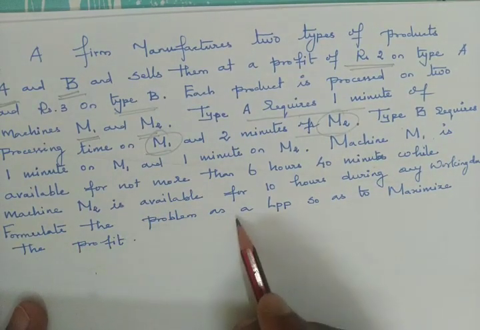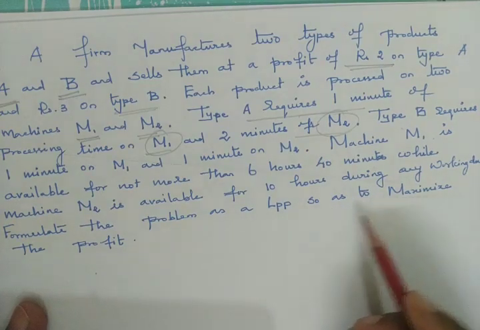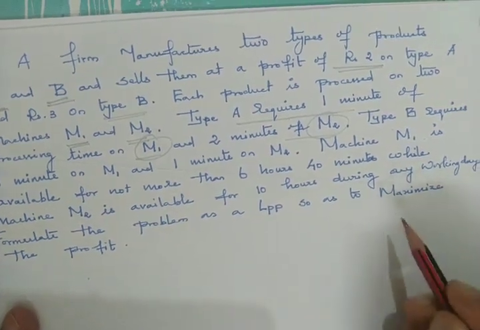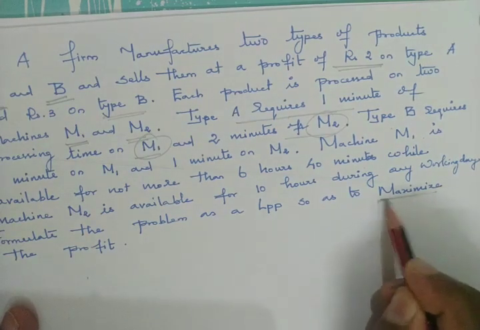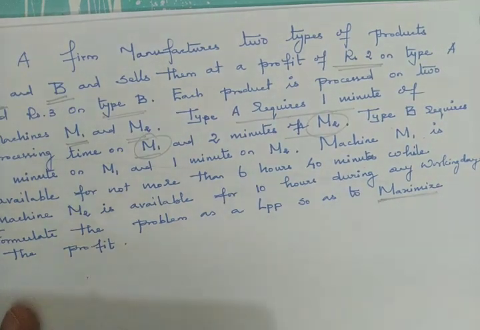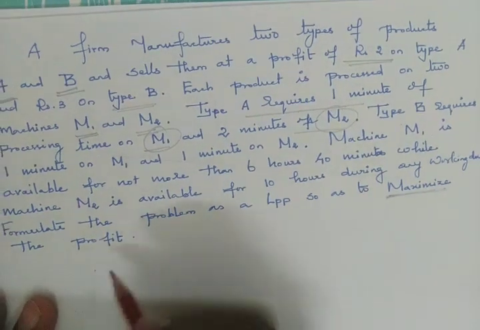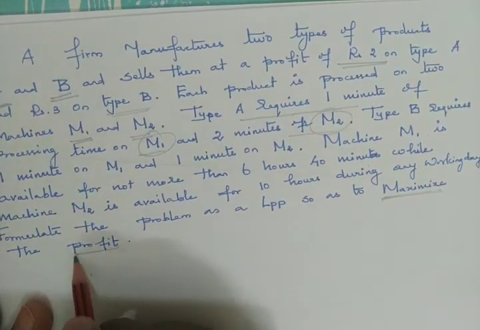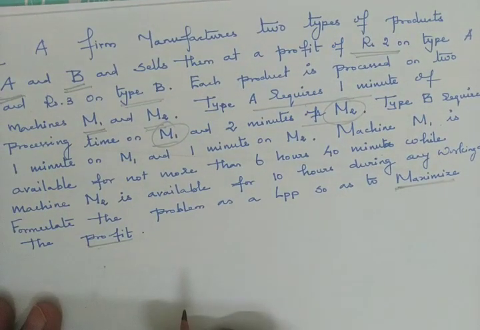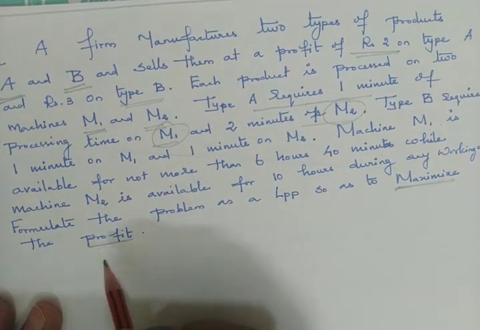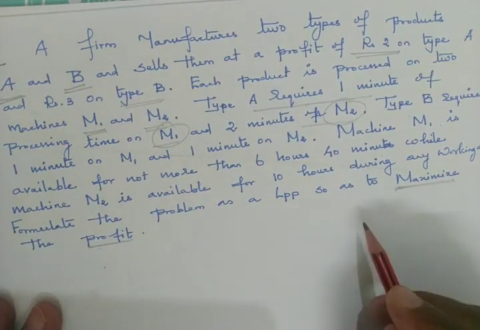Formulate the problem as an LPP so as to maximize. In this problem, they mention the objective, your aim. Here it is to maximize. If words like profit come, it is understood you are going to maximize the objective. No one will think about minimizing the profit.